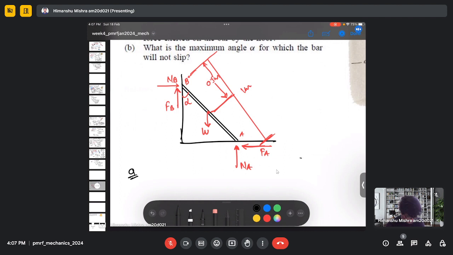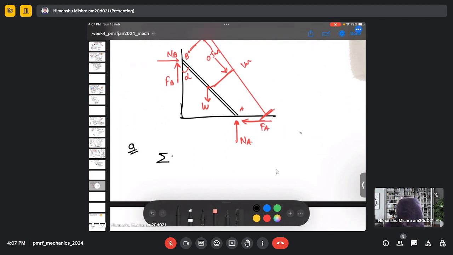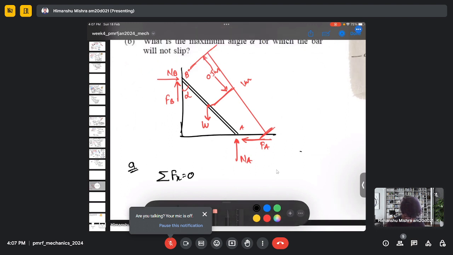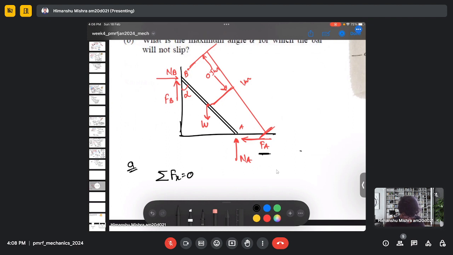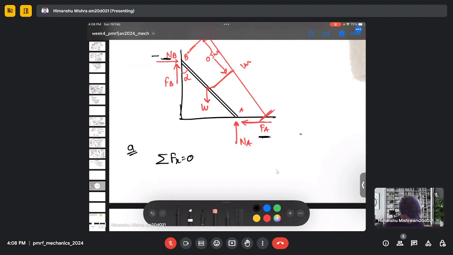So now we do the force balance analysis. When we take the summation of forces in the horizontal direction, we will have two forces in the horizontal direction, which are the friction force and the normal reaction at B. So it will be NB minus FA equal to 0.